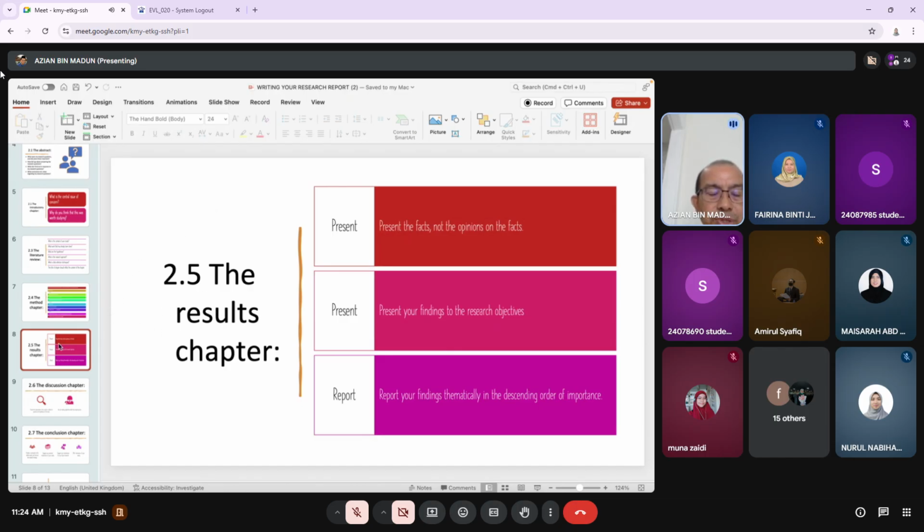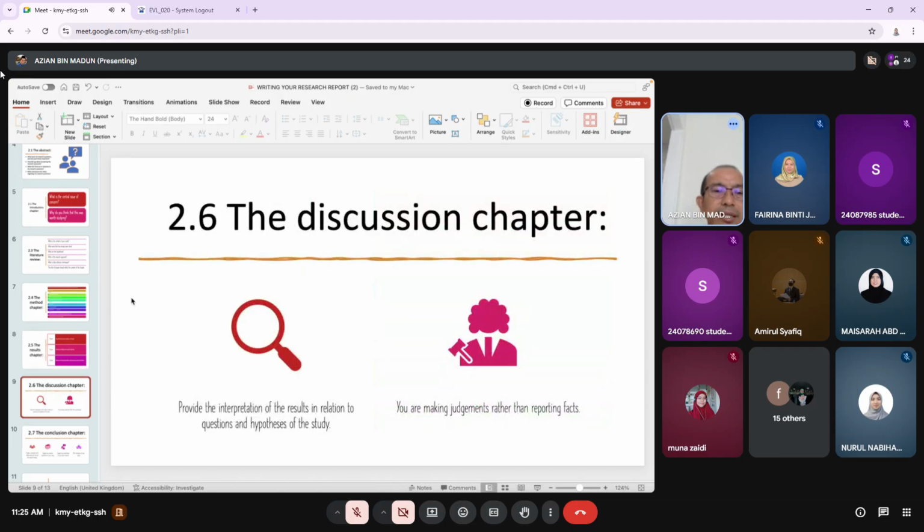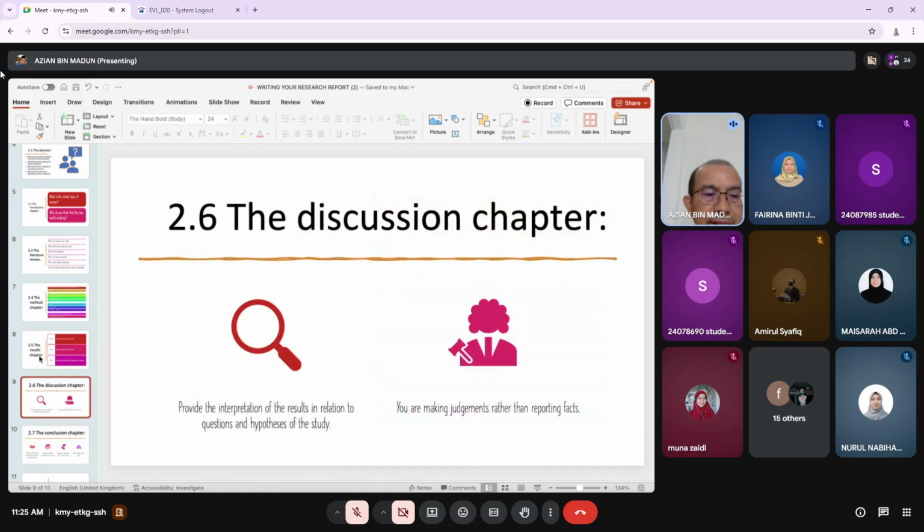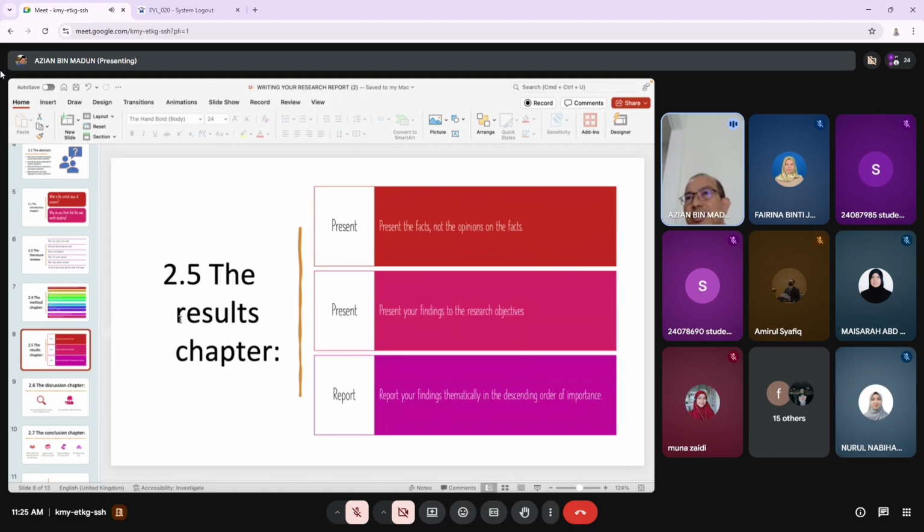Usually this kind of idea, results in one chapter and discussion in one chapter, is used when you are doing a survey. The results will be here, the discussion will be here. You see this almost everywhere when you're doing a survey, with graphs, statistics, maybe SEM, structural equation modeling, or simultaneous equations.